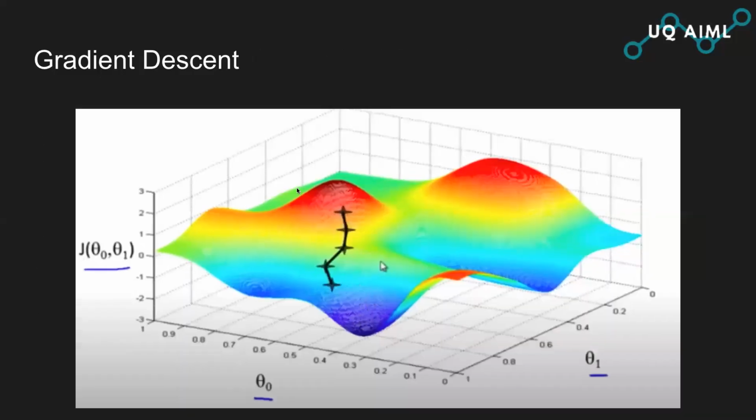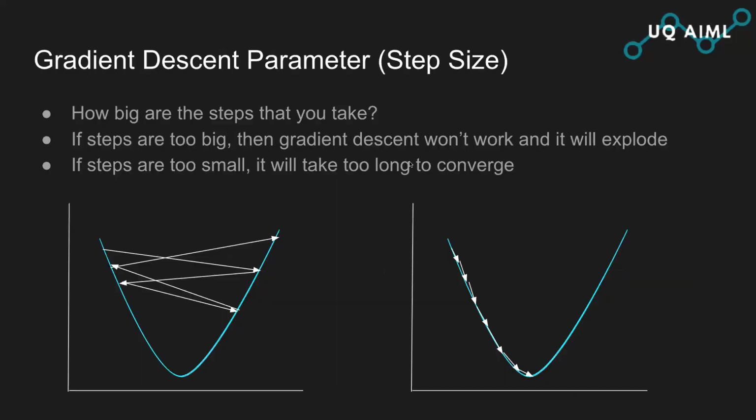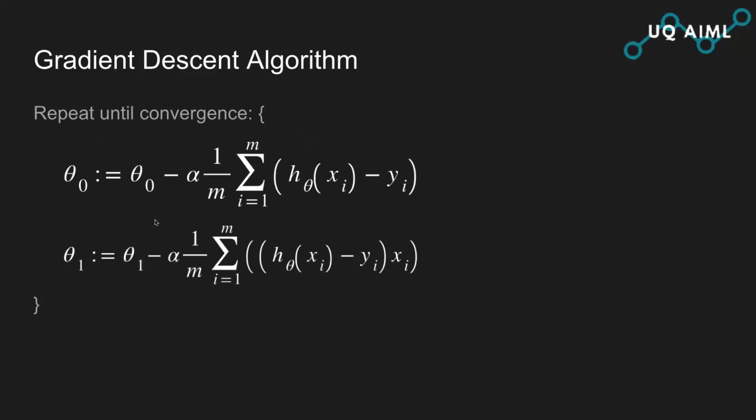If you go over this example, to update your theta naught parameter, you take E1 plus E2 plus E3 plus E4 plus E5, sum all those values up, divide by m and multiply by alpha. Updating the theta 1 parameter is almost exactly the same, except there's an extra xi term.